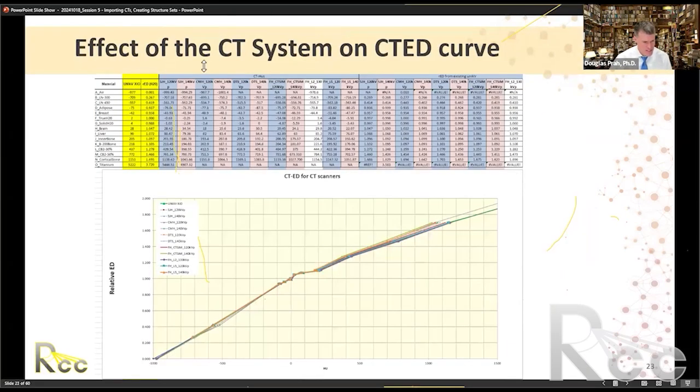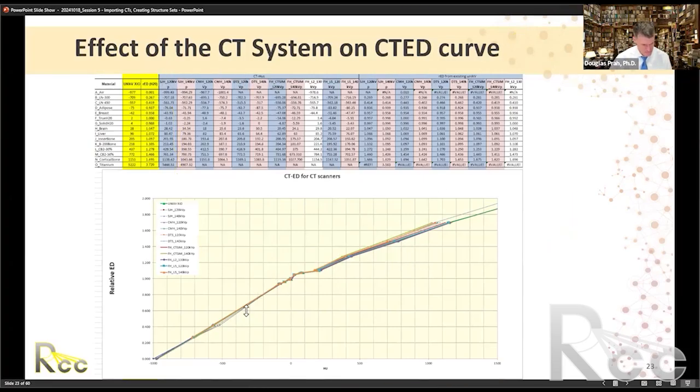The effect of the CT system on the CT to ED curve is important. This is a quick plot of a bunch of materials we've scanned on the different systems we've had in our department with different tube voltages.